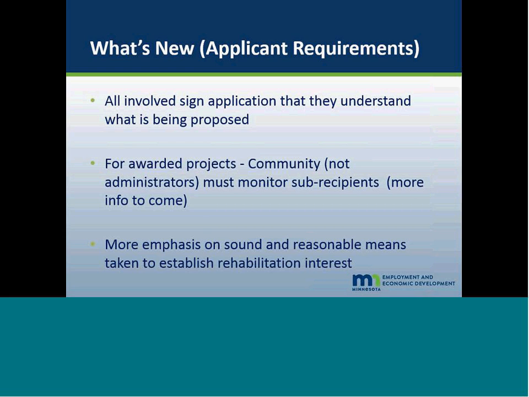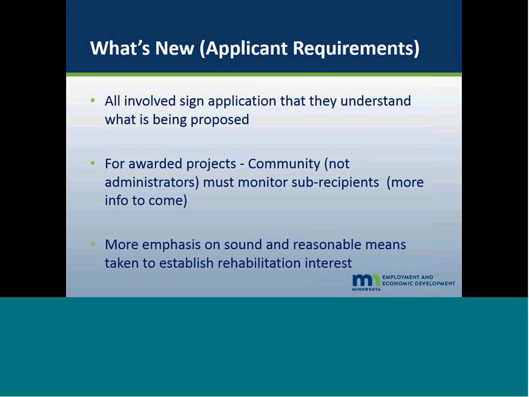We talked about this in our implementation training, for those who were there, but subrecipients. A subrecipient means an administrator receiving administrative funds. And there's a $750,000 threshold on this, similar to an audit.